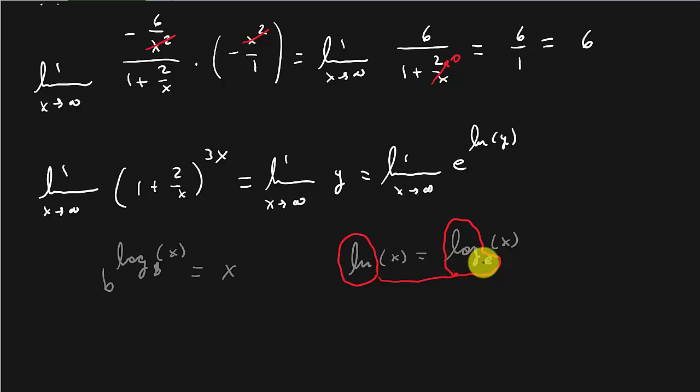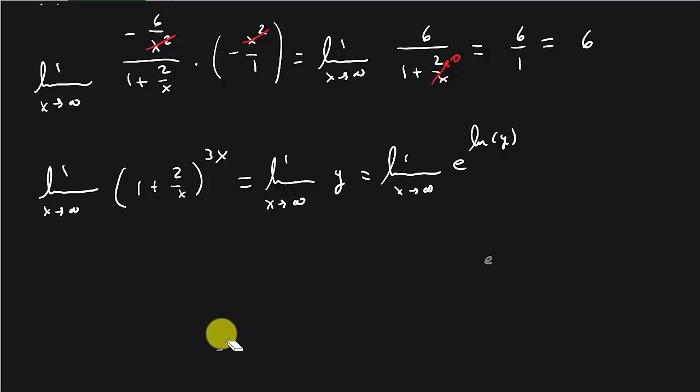Instead of writing out log base e, we're just abbreviating it as ln. So what we have is e to the natural log of y. That's the same thing as e to the log of y with base e, because ln is log base e. And since this base and the base of the log are the same, using this property, that is just equal to what you're taking the log of, which is y. And I just rewrote y as this.